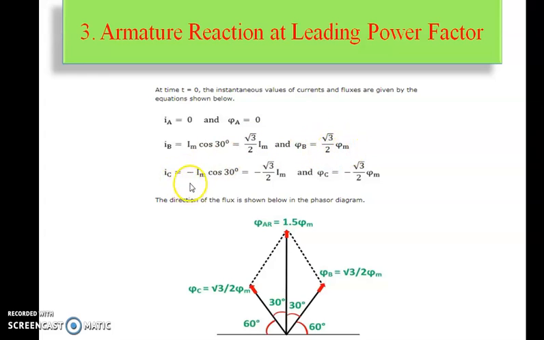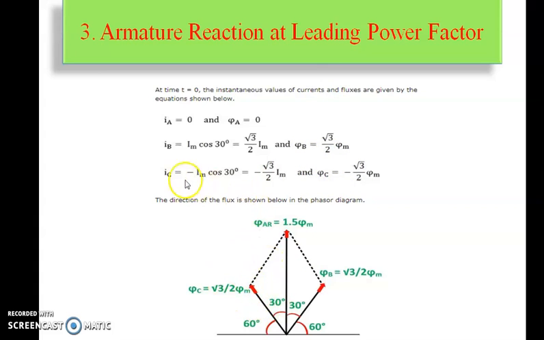Similarly IC equals minus Im cos 30 degrees, that is minus root 3 by 2 Im, and phi c equals minus root 3 by 2 phi m. The direction of the flux is shown below in the phasor diagram.